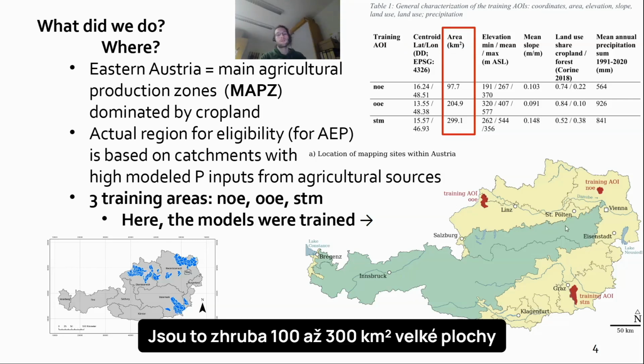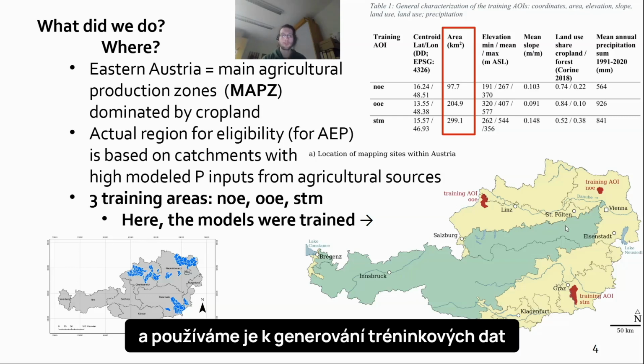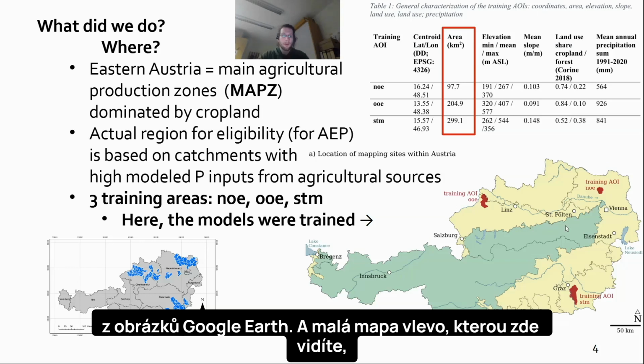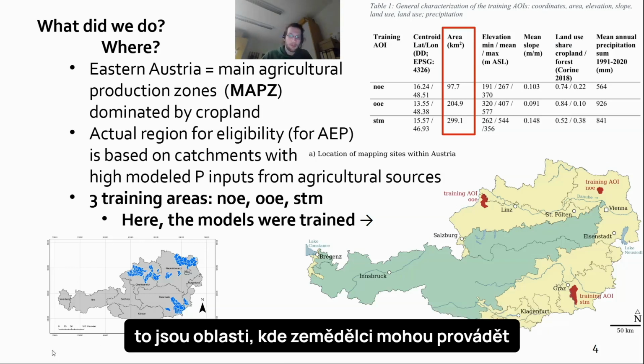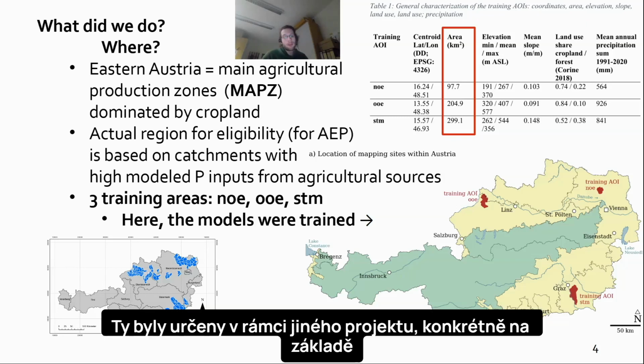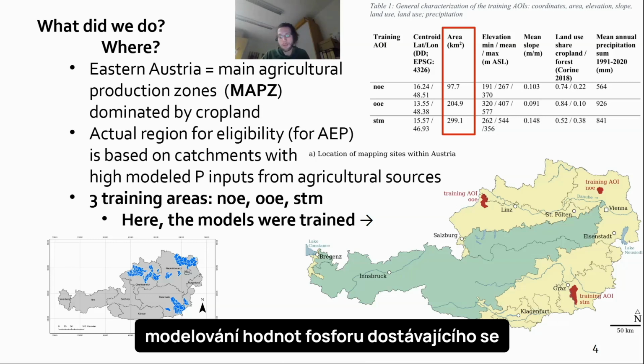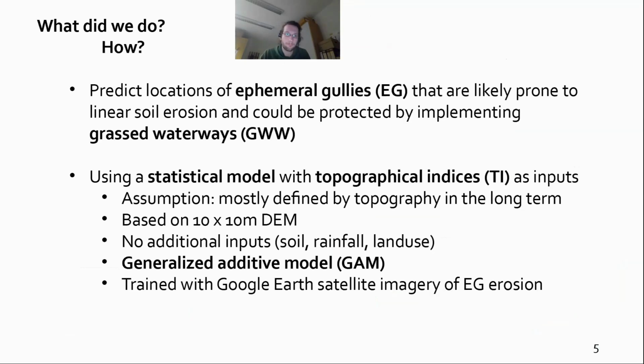They are around 100 to 300 square kilometers in area, and we use them to generate training data from Google Earth imagery. And the small map I show here, this is the actual area where farmers are eligible for doing this kind of measure and get subsidies for it. This was calculated in a different project and based on modeling inputs of particulate phosphorus into surface water bodies.